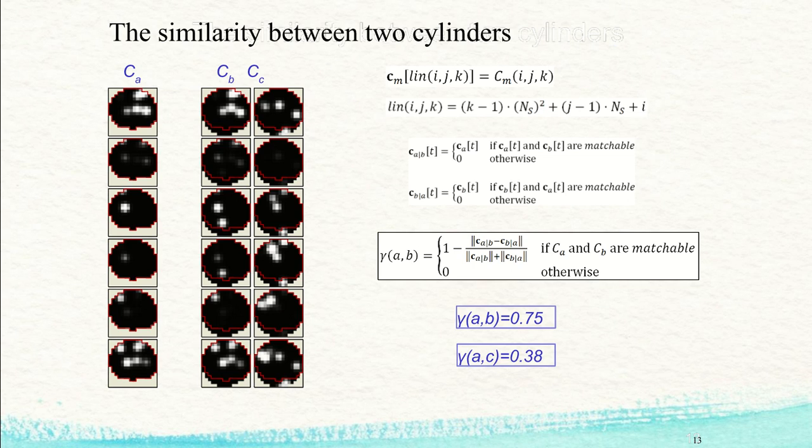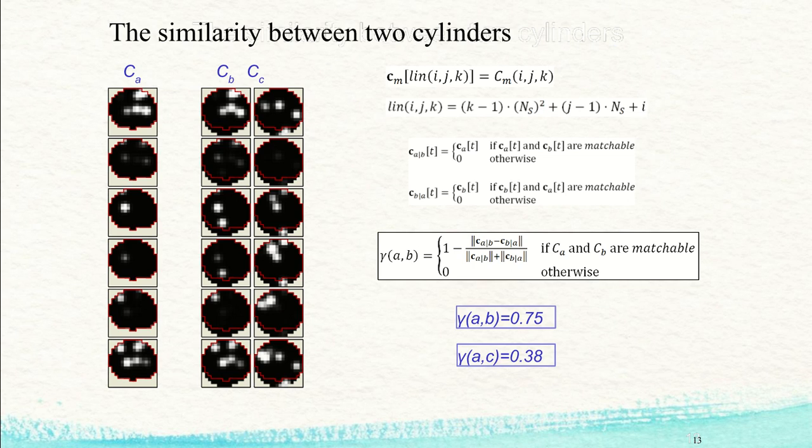We need to know if the cylinders we are going to compare are similar or not. So if they are matchable, then we will say CB of t. Now here gamma of A comma B is defined as 1 minus the difference CAB minus CBA upon mod of CAB plus mod of CBA, if CA and CB are matchable, else 0.